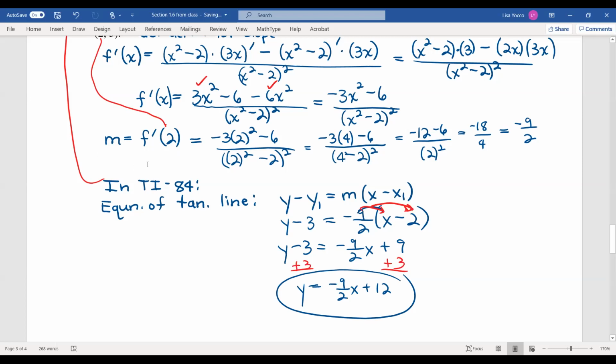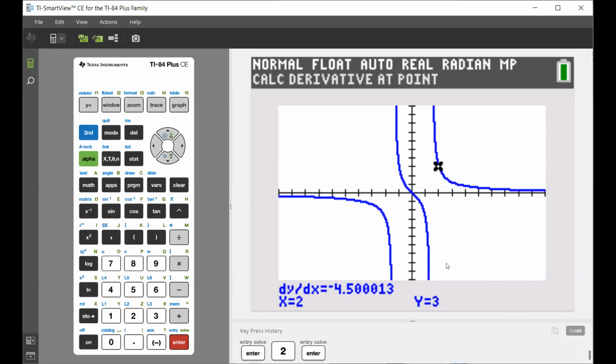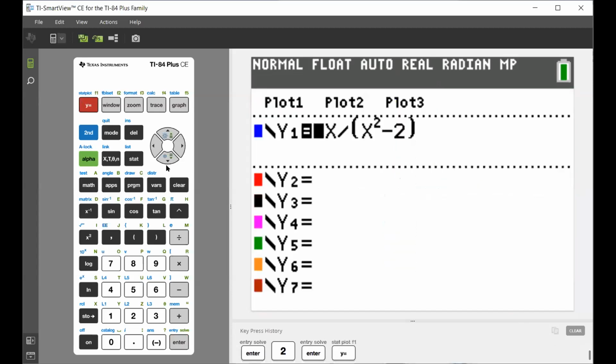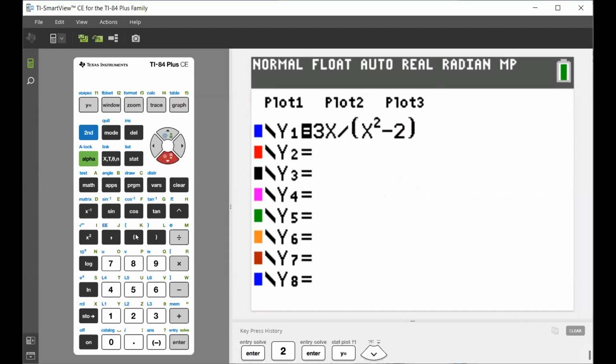And I'm going to do one more thing on my calculator. I'm going to put in y2, I'm going to put that equation, negative 9/2 x plus 12.